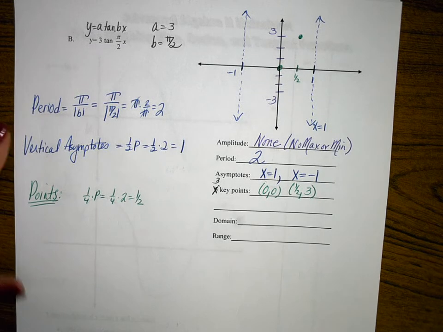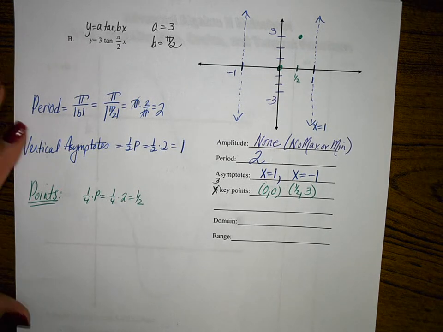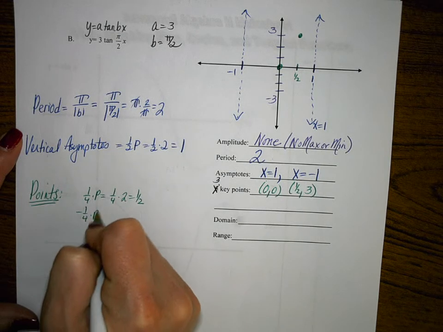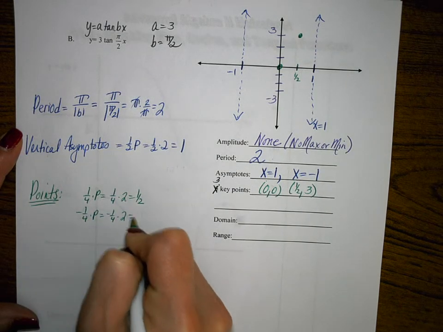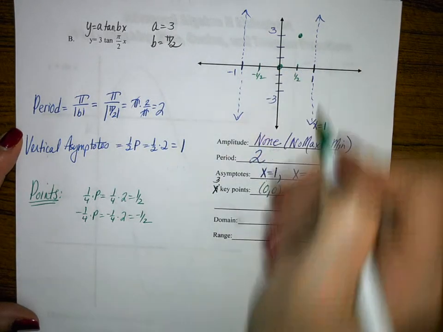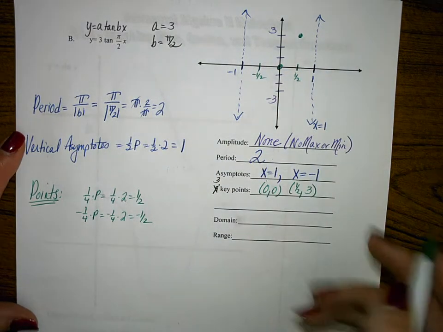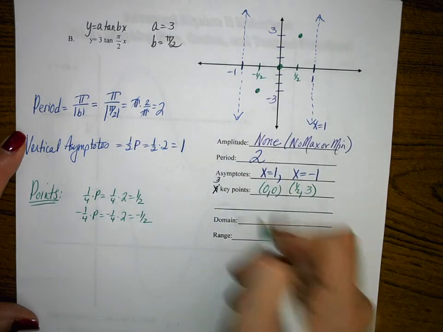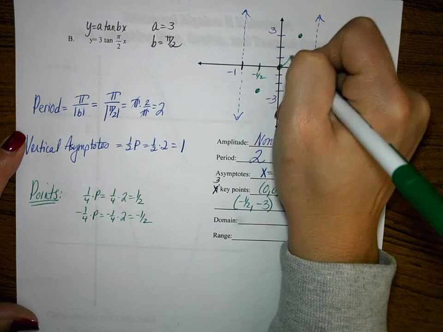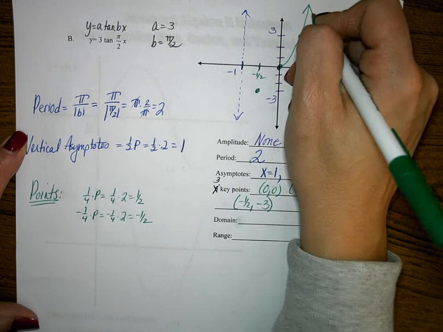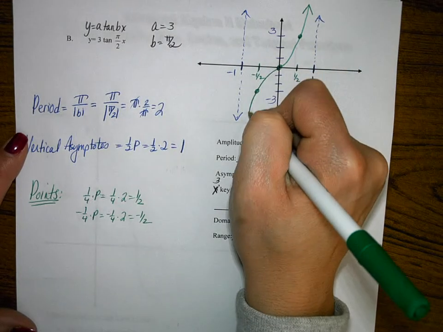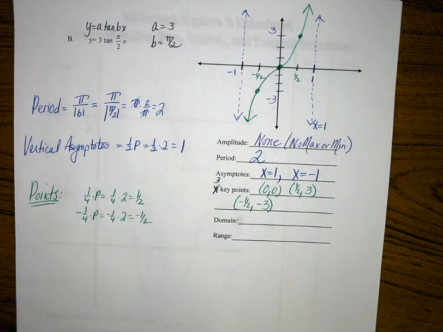All right, what about my other point, Brooke? All right, you bet. -1/4 of the period, so -1/4 of 2 is just -1/2. So between 0 and -1, I'm at -1/2, and what is my y value at that point? -3. So my third point is at -1/2, -3. So this part of the graph goes up and to the right towards that vertical asymptote, and then the other part of this graph curves down towards that vertical asymptote.